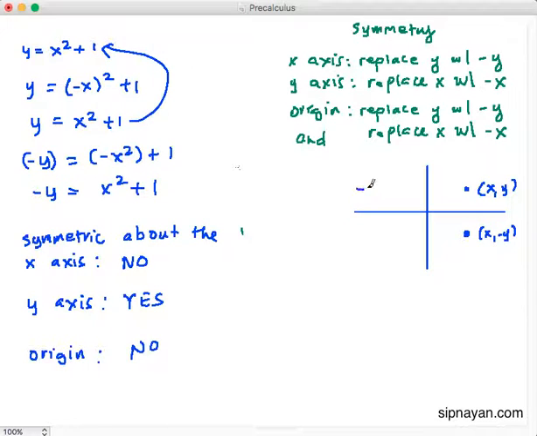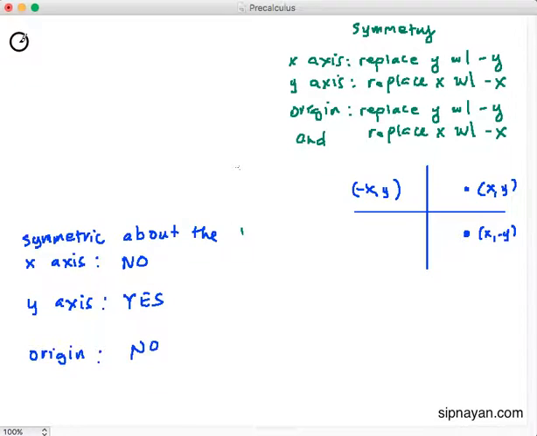Then the other becomes negative x, y. So you just take a point. For example, the original equation is y equals x squared plus 1. Let's pick a point. For example, if x is 0, you don't want 0. If x is 1, then y is 1 squared plus 1, so y equals 2.